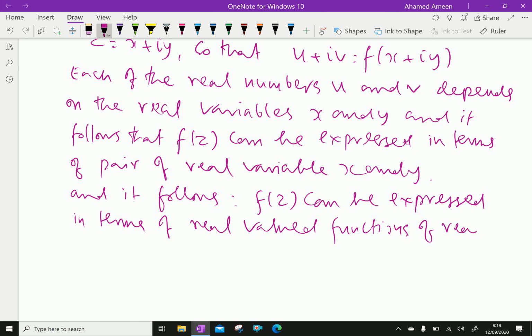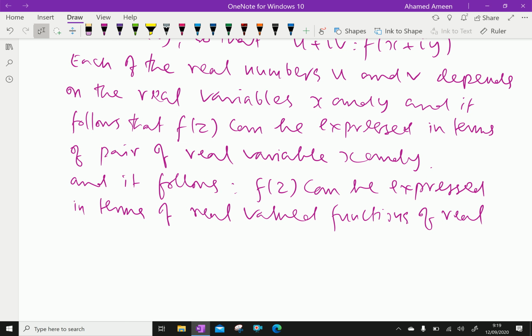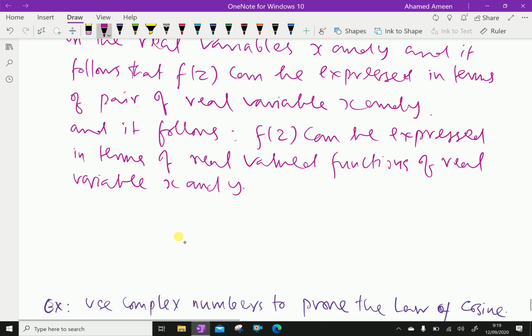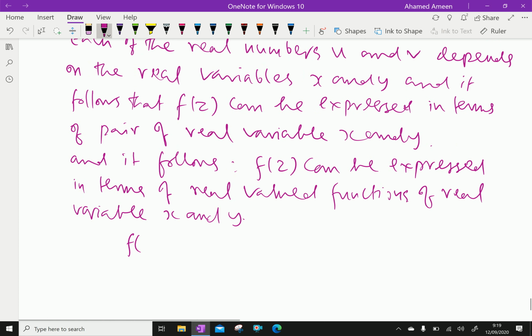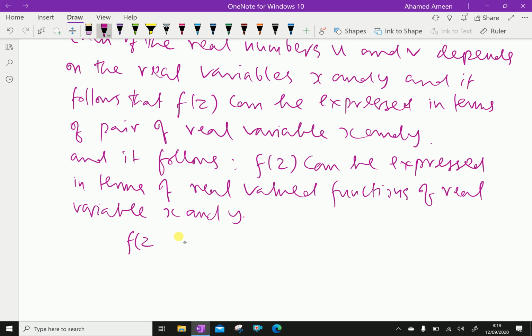Now, we can express f of z equal to u of x, y plus i v of x, y.